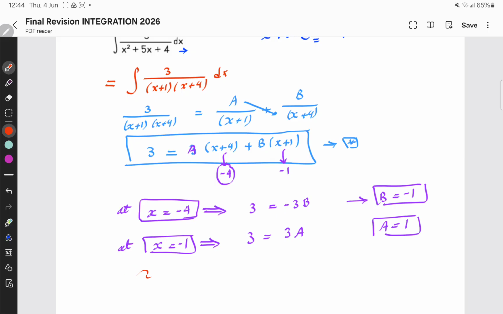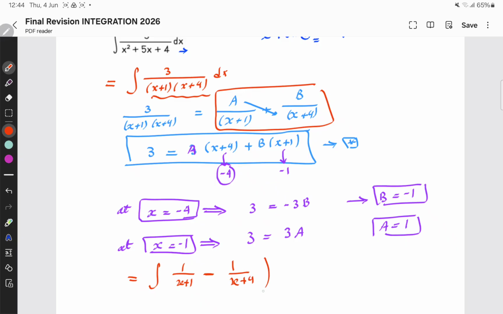Now we will go back to our integral. It's the integral of, we substitute that fraction by its partial fractions. What is the value of A? It's 1 over x plus 1. What is the value of B? It will be -1 over x plus 4. All of that with respect to x.